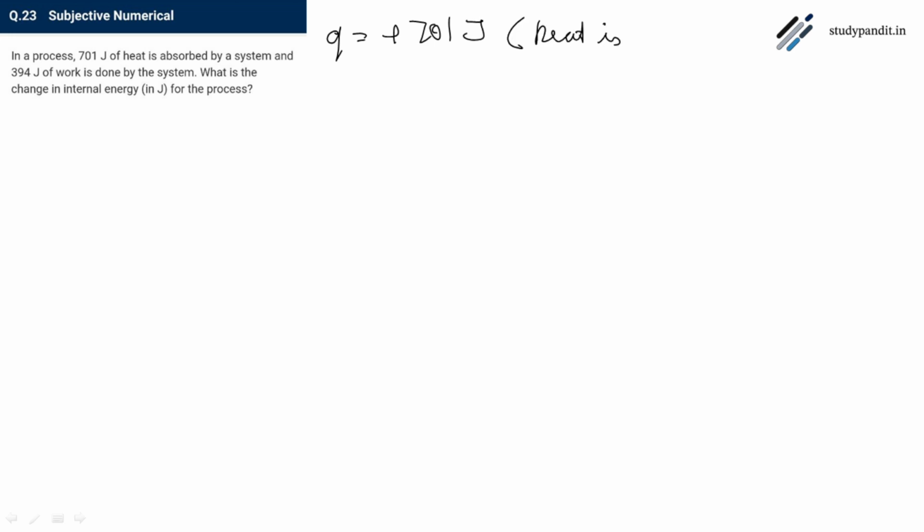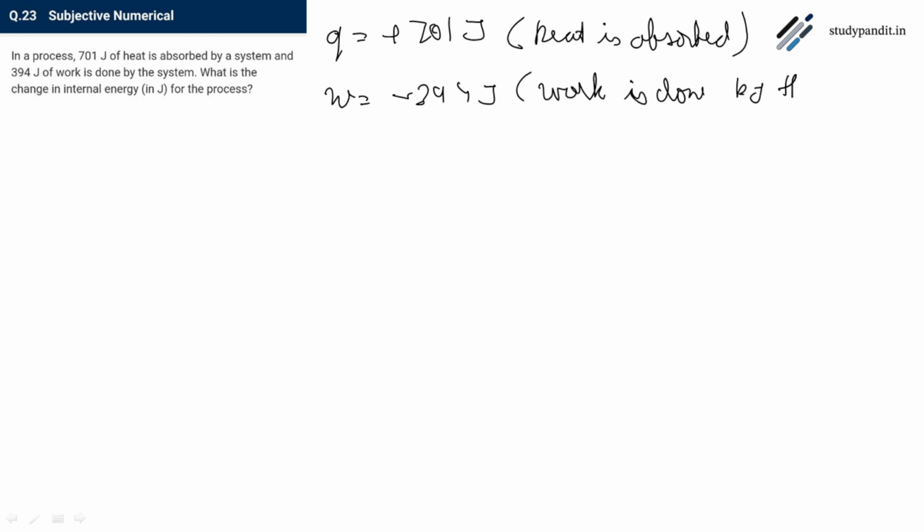Heat is absorbed, hence Q is positive. Now work done is equal to minus 394 joule. Work is done by the system, hence it's negative.